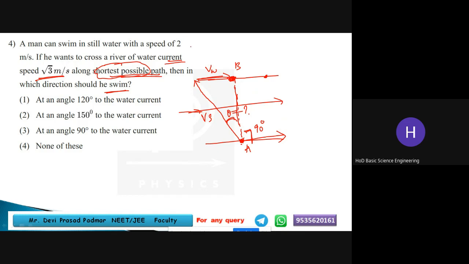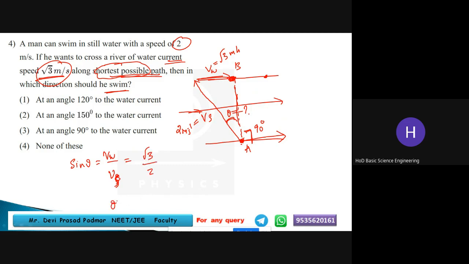Now you know the speed Vs is 2 meter per second, and this is Vw, root 3 meter per second. Just take sine theta from this. Sine theta means opposite side divided by hypotenuse, so Vw divided by Vs. It is nothing but root 3 divided by 2.